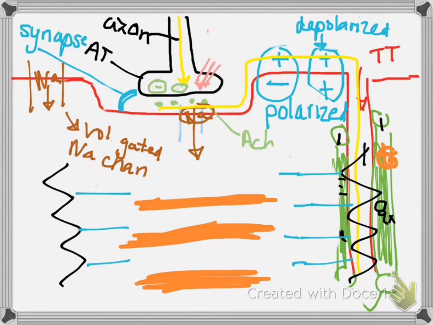That's inside the cell. The T-tubule, which is the thing in red that comes down, brings down this voltage change, this action potential. That stimulates voltage-gated calcium channels in the sarcoplasmic reticulum to release calcium. Calcium comes out into the sarcoplasm.